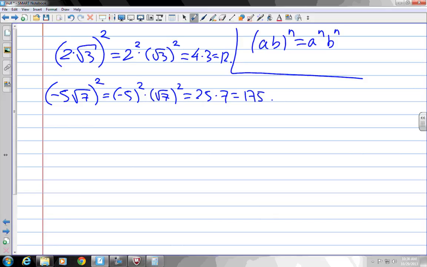Now, but how about this? If I take a number like 2 plus the square root of 3, and I square that, what do you think that will equal?